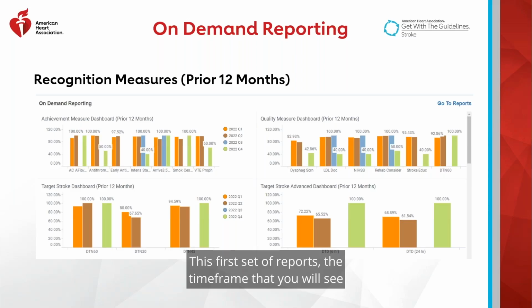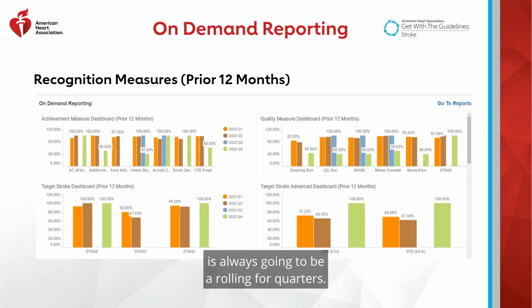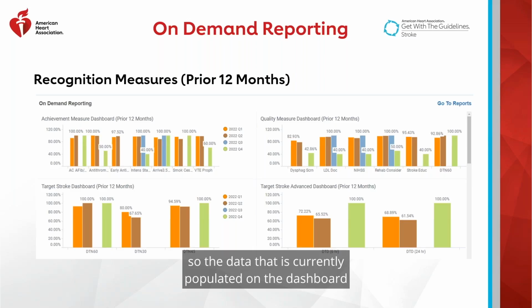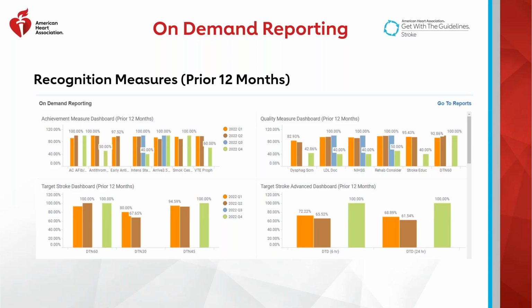This first set of reports, the time frame that you will see is always going to be a rolling 4 quarters. So obviously we are now in Q1 of 2023. So the data that is currently populated on the dashboard will be quarters 1 through 4 of 2022.